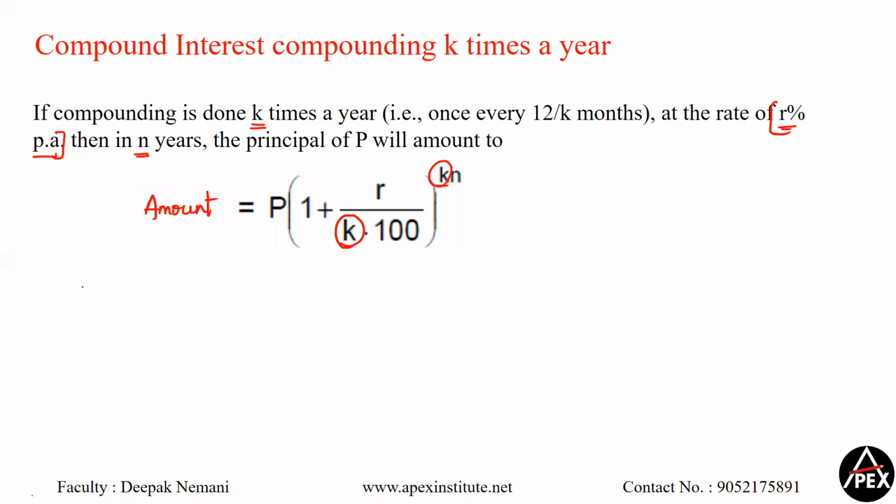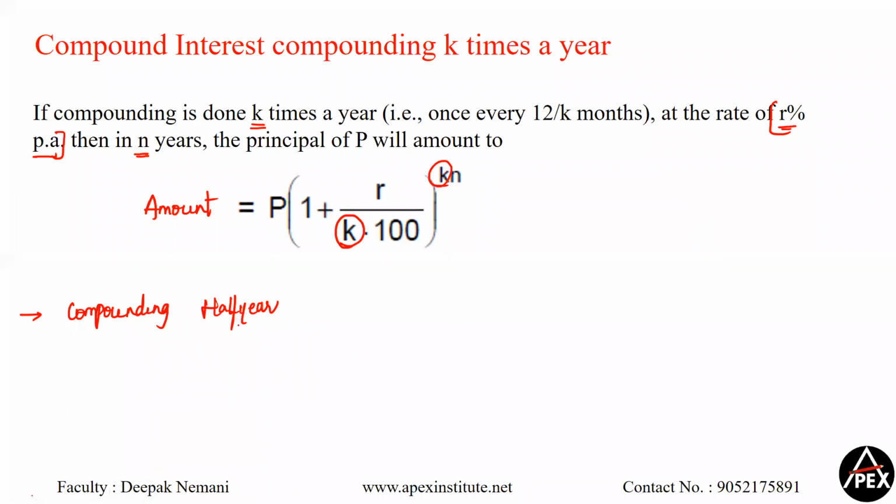Okay. Now let's understand how to determine the value of K. If I say that an amount is compounding half yearly, what will be the value of K? It is 2, isn't it?